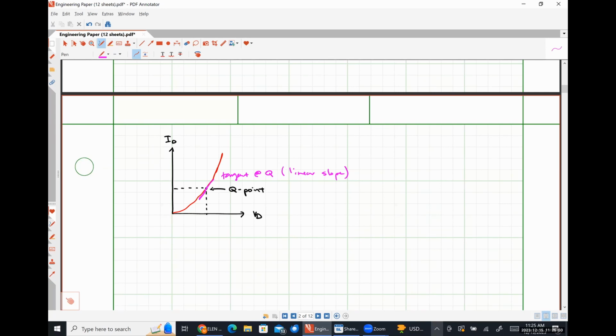We're going to use this linear slope to develop a small signal model for our diode that tells us how it behaves when it's perturbed. Okay?